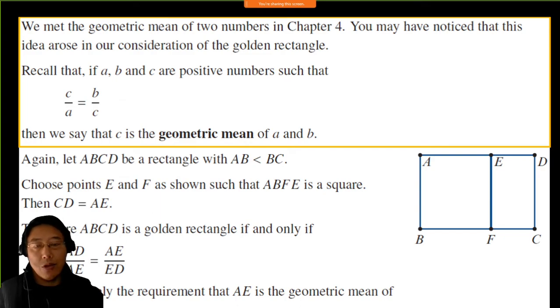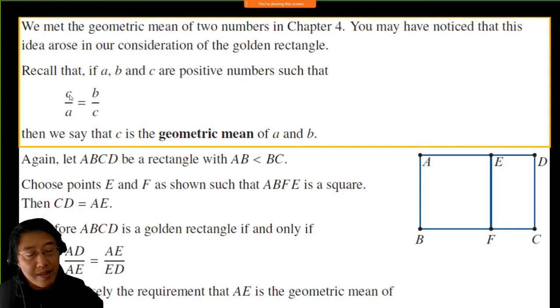Now let's relate that golden ratio to the geometric mean. So if you go back to chapter 4, I just want to quickly glance over that. You can look at it in detail in your textbook. When you have a ratio of 3 values like that, but you have that C that is common to the two fractions on the side with the numerator and the denominator, what we say is C is the geometric mean of A and B. Now, if you go back to the previous proof, with the similar rectangles, we had that ratio that had a common value of AE.